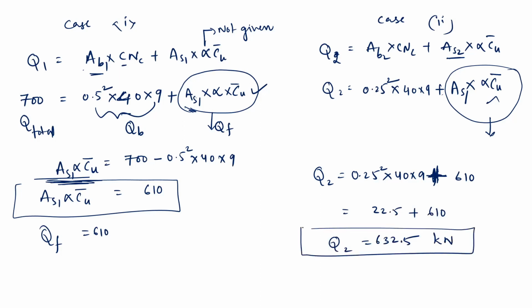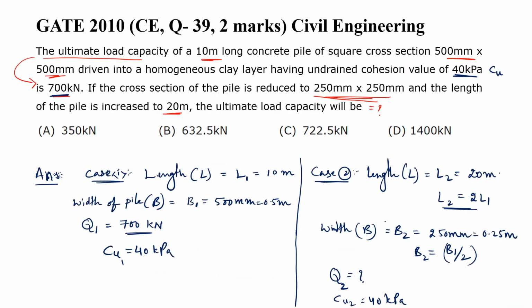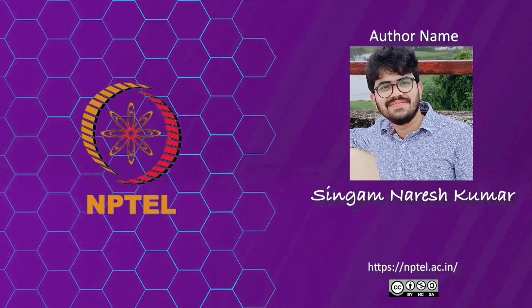Okay, Q2 is 632.5 kilonewton. Let us go back to the question. 350 kilonewton, 632.5 kilonewton, 722, 1400. So the answer is D. Thank you.